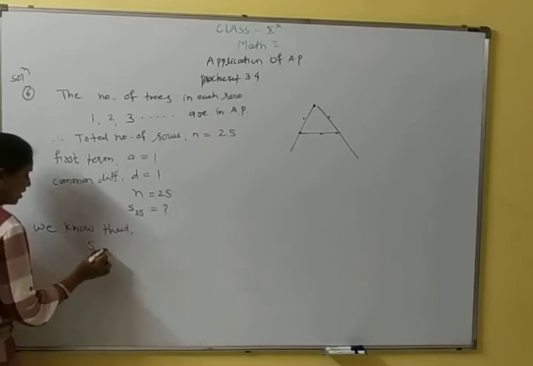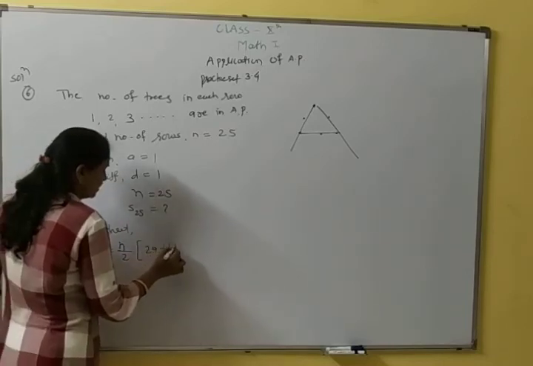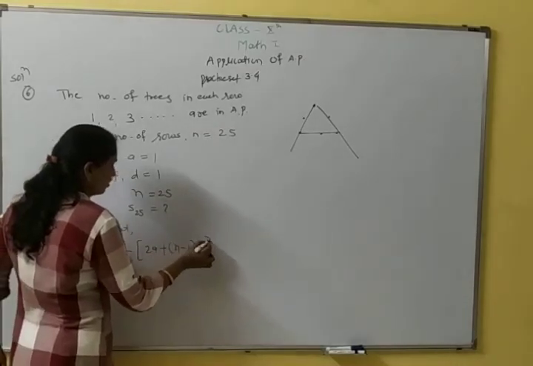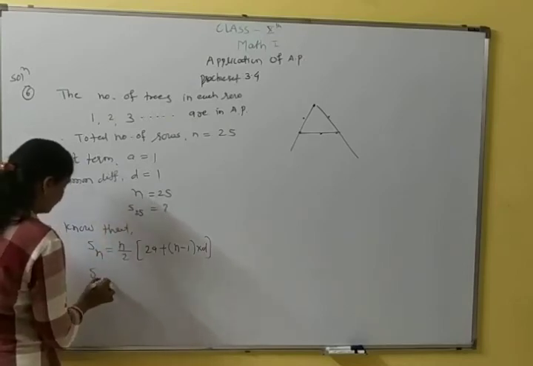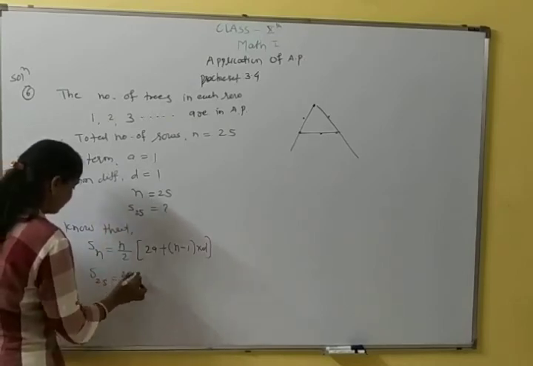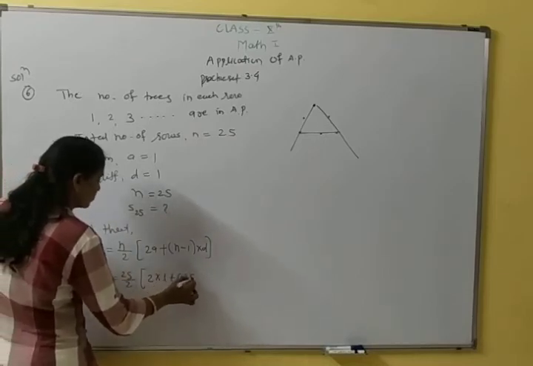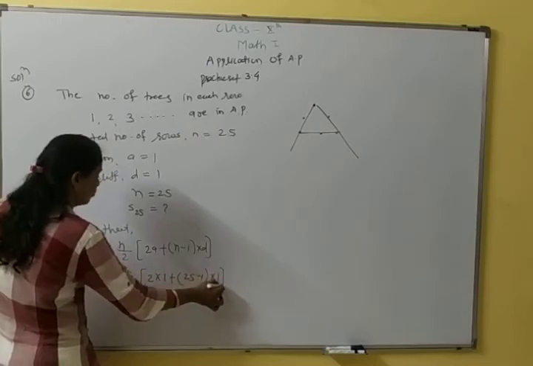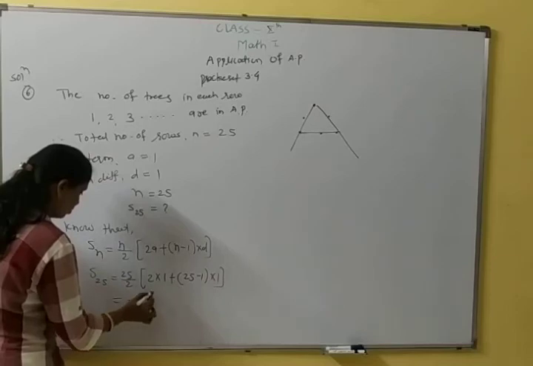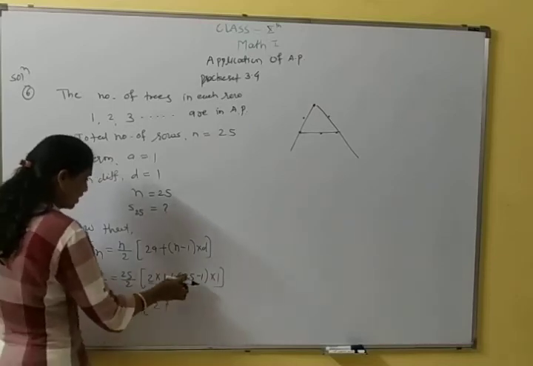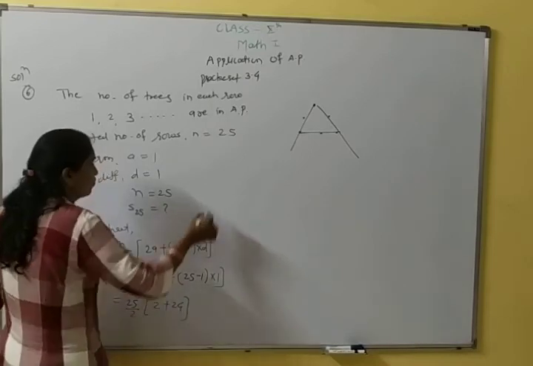We know that Sn equal to n upon 2 twice a plus n minus 1 into d. So put n equal to 25. S25 equal to 25 upon 2, 2 into 1 plus 25 minus 1 into 1. Here 25 upon 2, 2 into 1, 2, plus 25 minus 1, 24, and 24 into 1, 24.